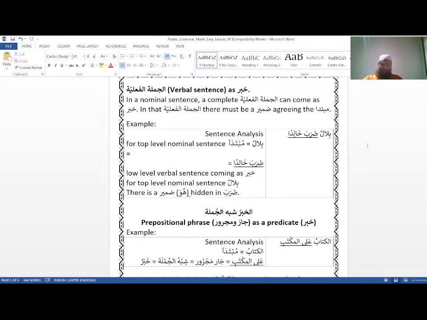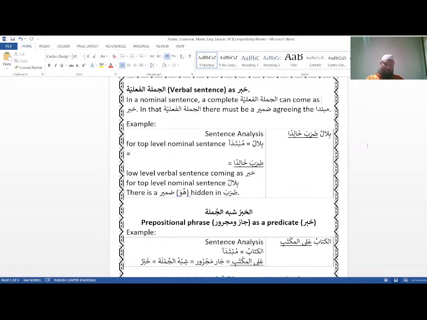This is the mubtada, al-kitab, because we cannot connect al-kitab to the next word ala, either to make murakkab idafi, murakkab tawsifi, murakkab jari or murakkab ishari. We cannot make any of them, so we leave a mufrad ism as mubtada.